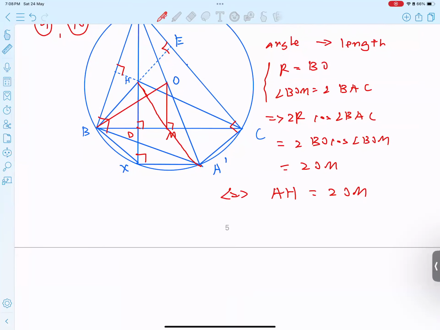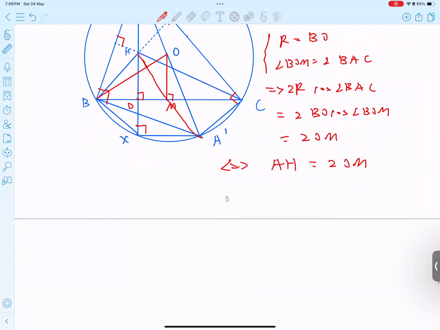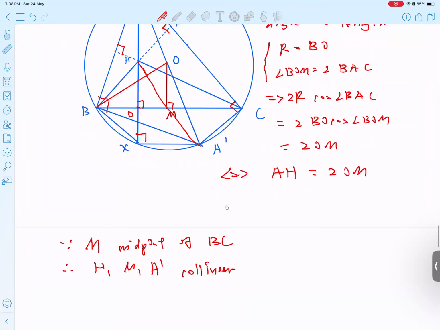So since M is the midpoint of BC, H, M, A dash would actually be collinear, because we proved that BHCH dash is a parallelogram, and the diagonals bisect each other.